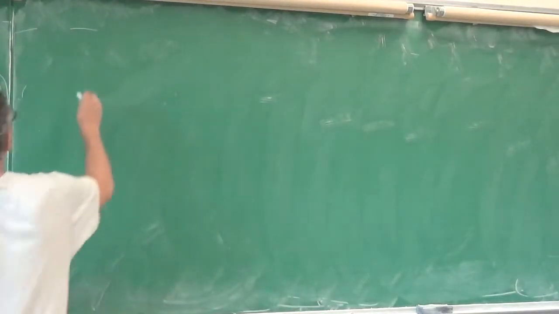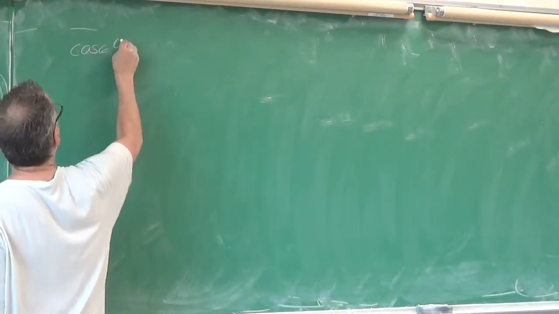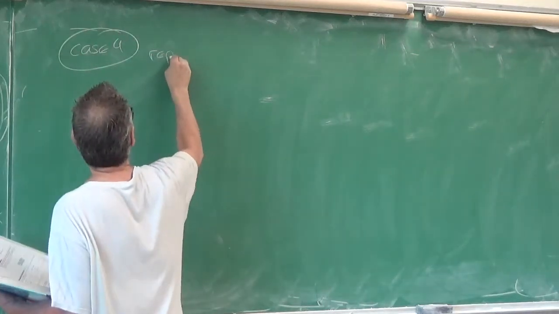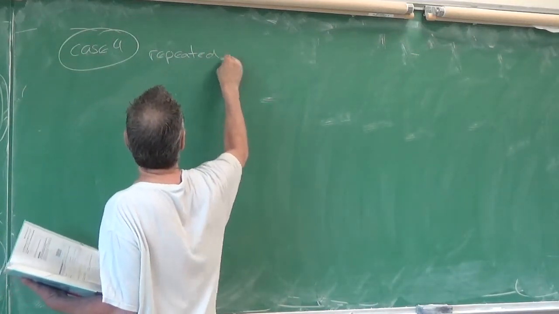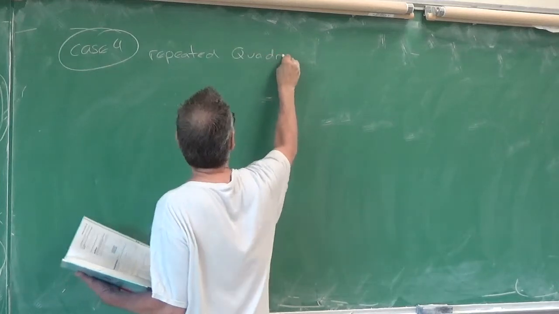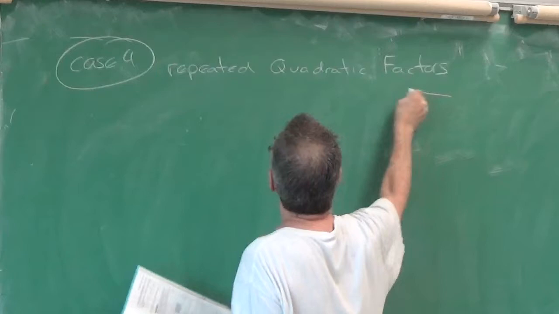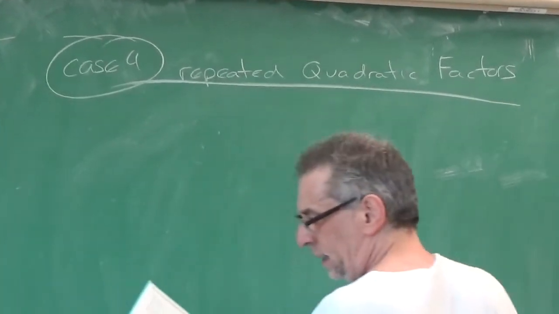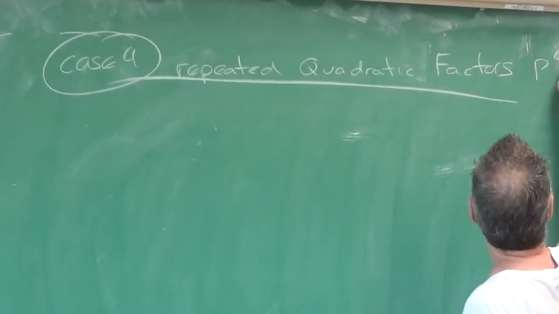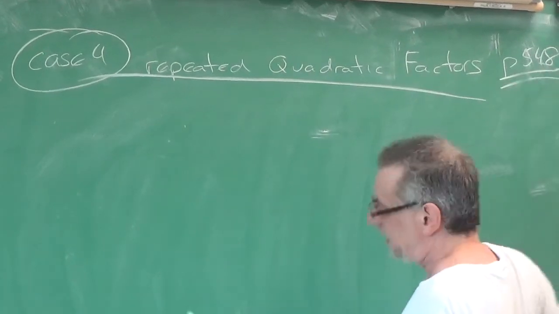repeated quadratics. Case for repeated quadratic factors. And this one is explained on page 548. The setup.